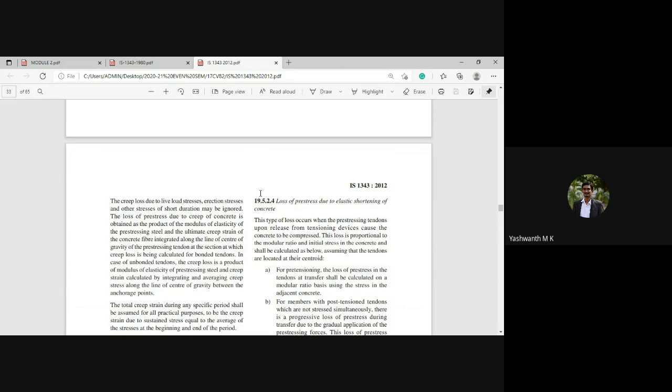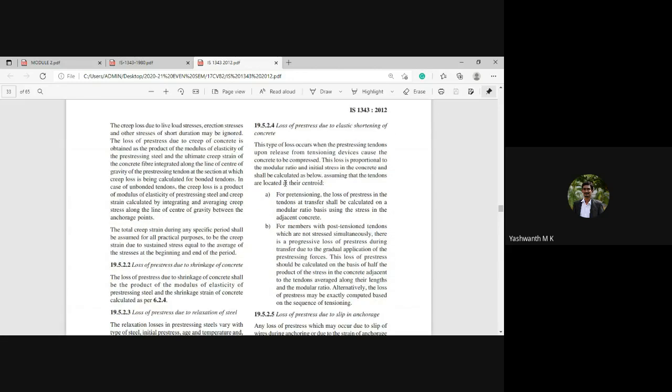Clause 19.5.2.4, page number 25, clearly specifies loss of pre-stress due to elastic shortening or deformation. What it says is that this type of loss occurs when the pre-stressing tendon, upon release from the tensioning device, causes the concrete to be compressed. This loss is proportional to the modular ratio and initial stress in the concrete.